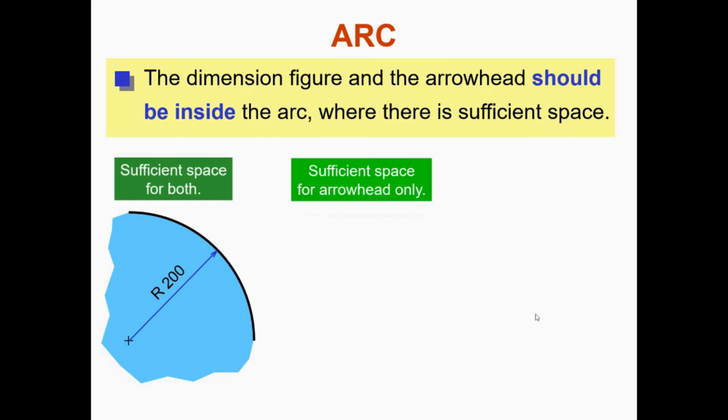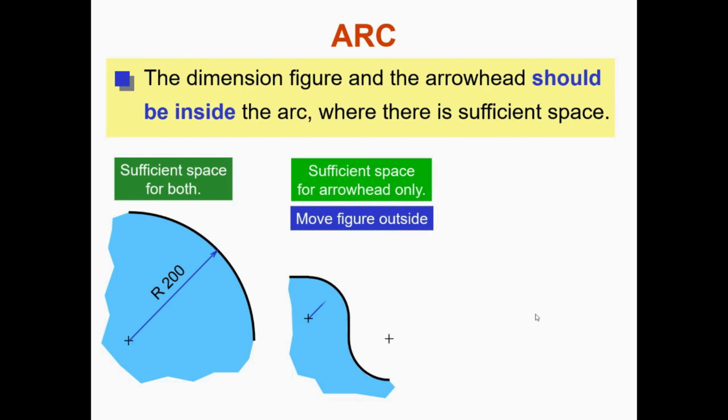So if you look at the first one, we have sufficient space for both. And if you look at the second one, sufficient space for arrowhead only. So you move the figure outside.